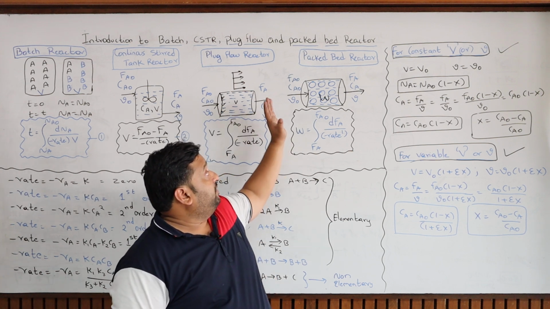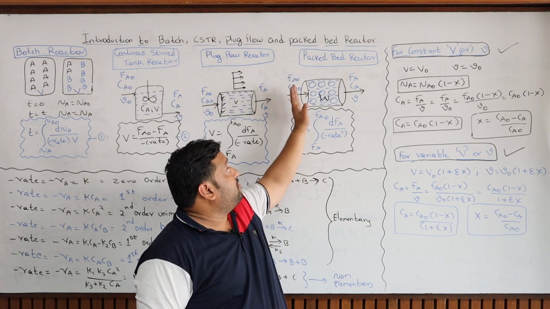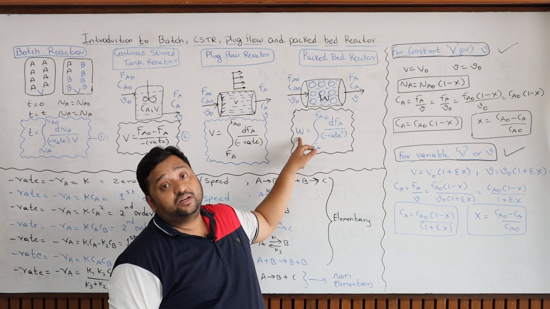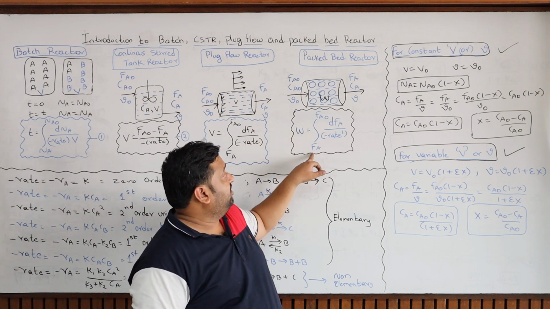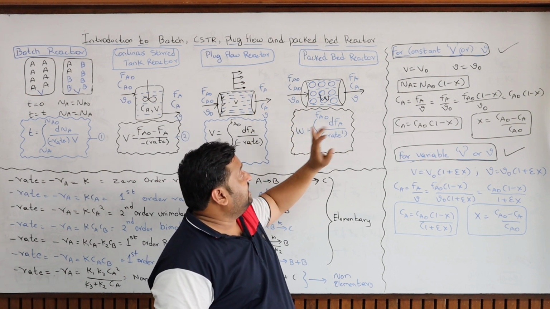That means for this conversion, what is the mass of catalyst that is required? You can use this W. W is nothing but the integral from the initial molar flow rate to the final molar flow rate of dFa by minus rate.